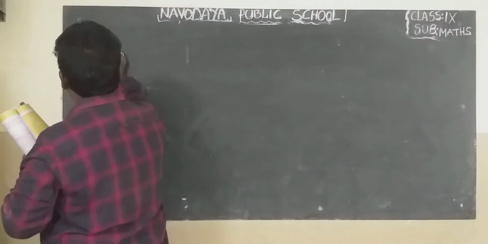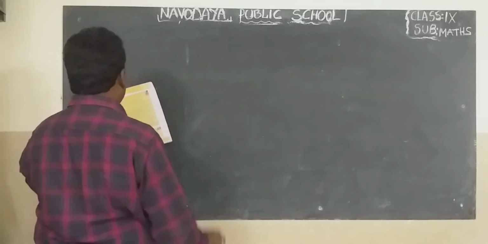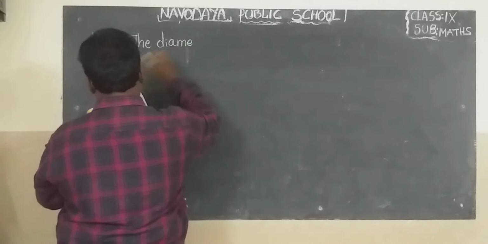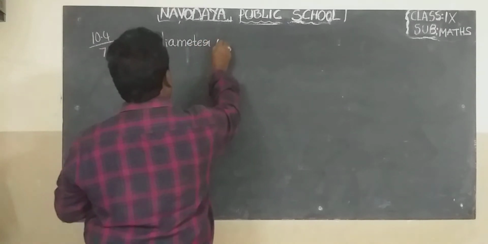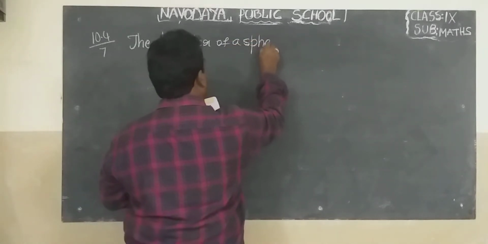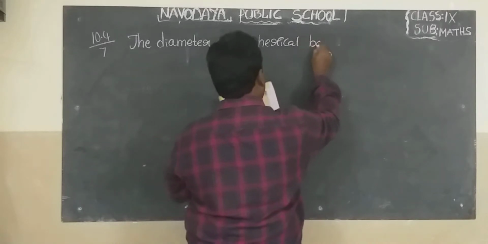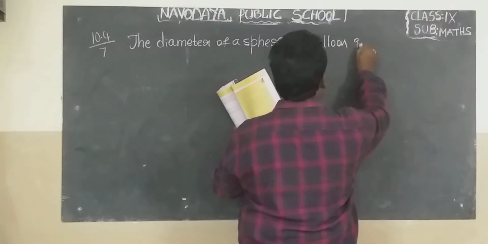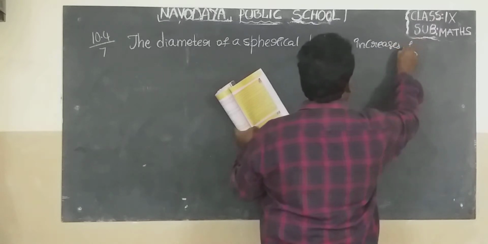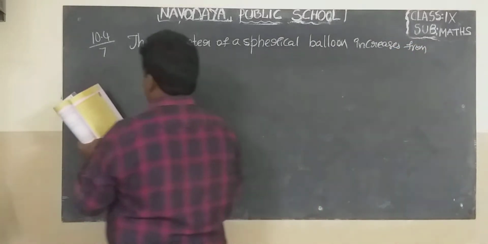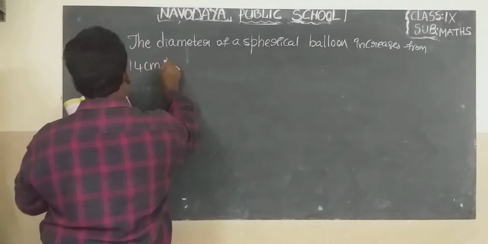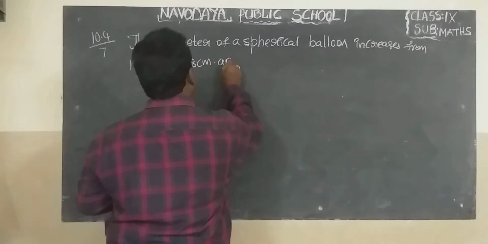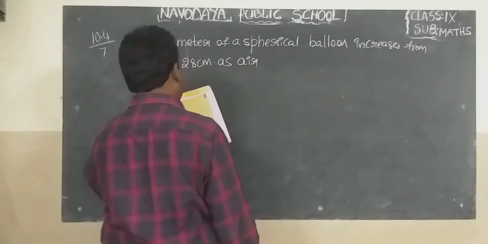The diameter of a spherical balloon increases from 14 centimeters to 28 centimeters as air is being pumped into it.